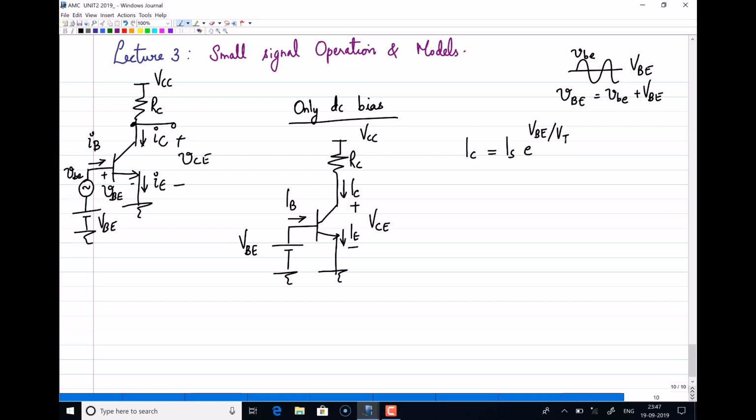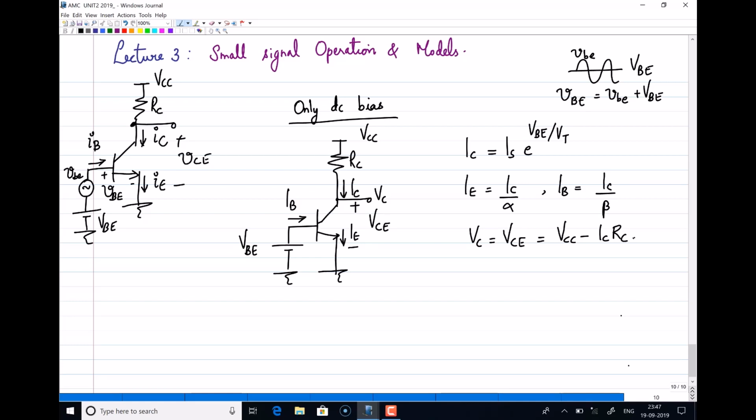Now I can write the emitter current as collector current by alpha, and the base current as collector current by beta. The collector voltage VC is the same as VCE because the emitter is grounded, and it is equal to VCC minus IC into RC. These are the DC currents and the voltage VC in the circuit.